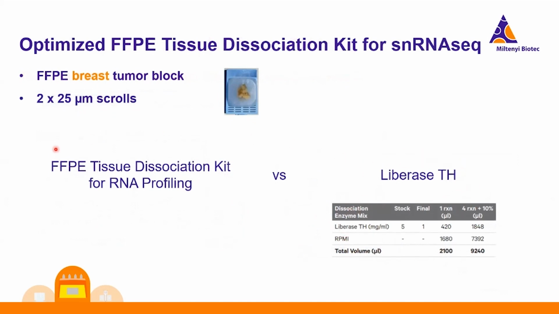So we have developed this new FFPE tissue dissociation kit for RNA profiling, where we have really selected some enzymes which are perfectly suited for downstream sequencing applications, which are superior to this Liberase TH based dissociation. And I want to show you some of the results which we have obtained during our developments.